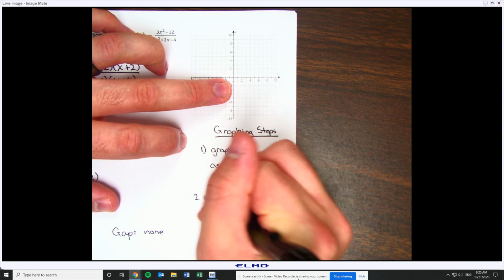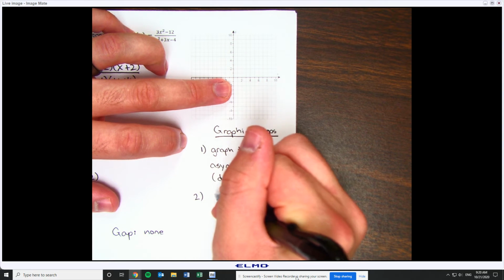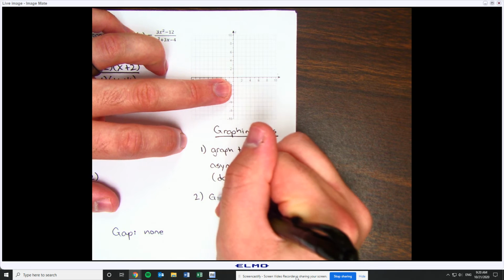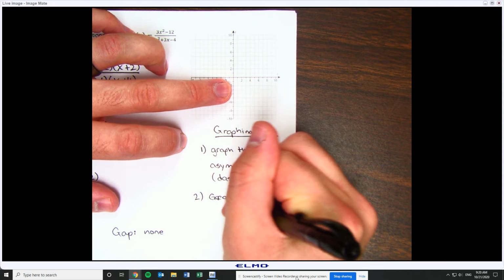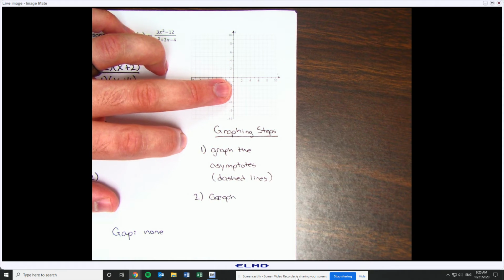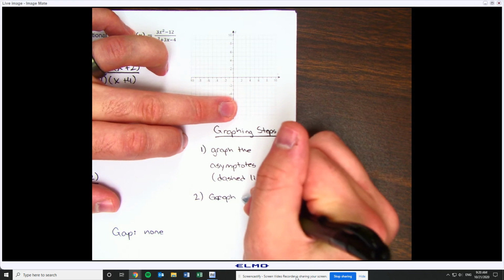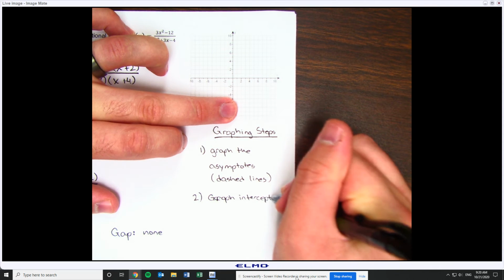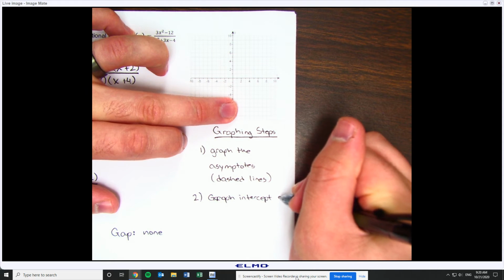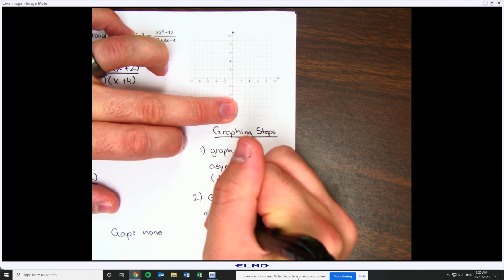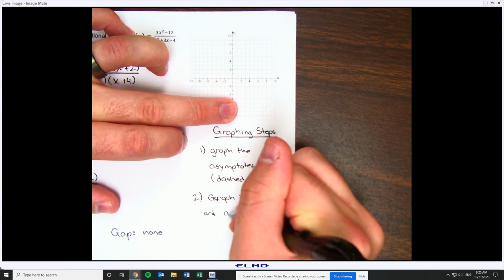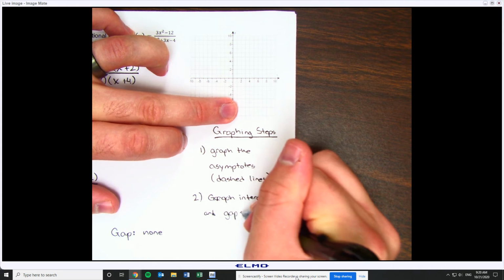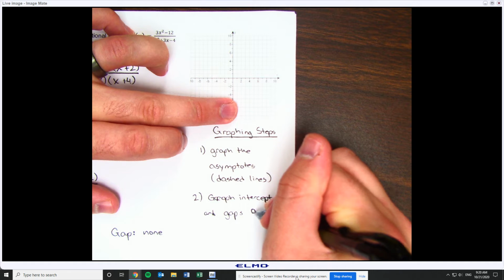Step 2, we are going to graph intercepts. Those will be closed dots. And gaps, those will be open circles.